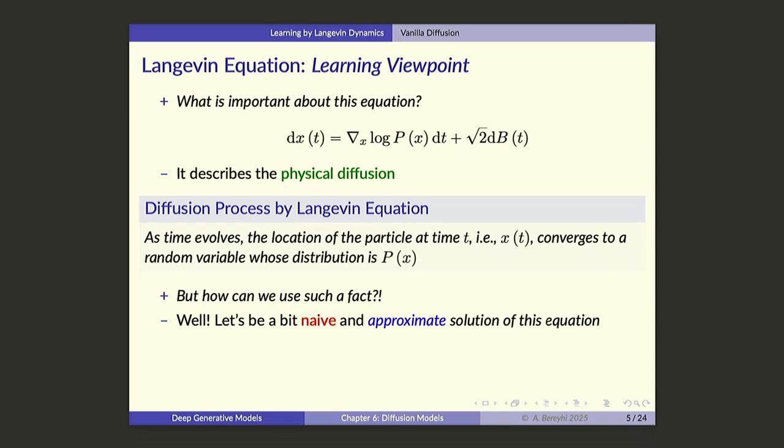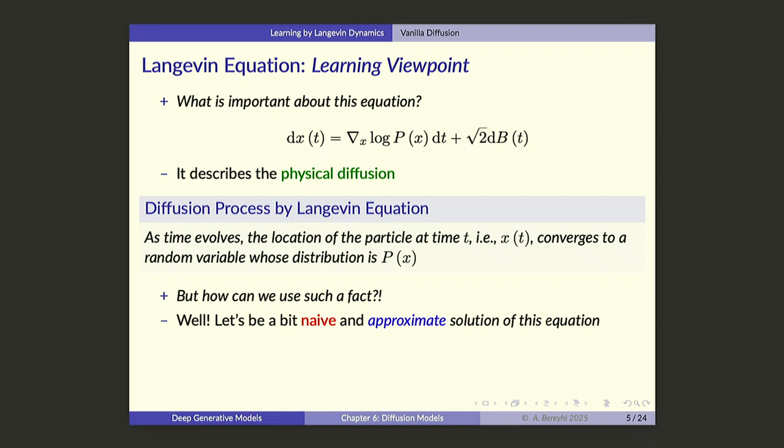As it evolves through time, the xt after a good long amount of time starts to behave with one specific distribution. At every single time, it's going to show the same distribution, and that distribution is actually p(x), the one which we have the derivative of its logarithm here.